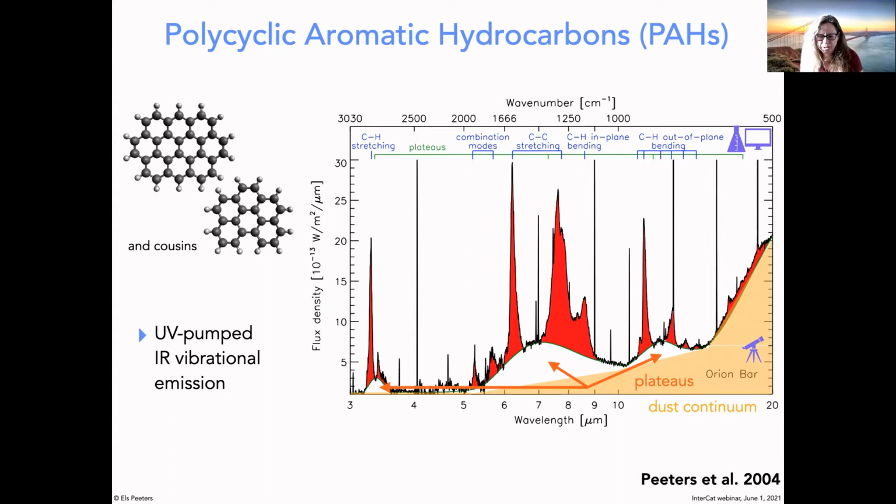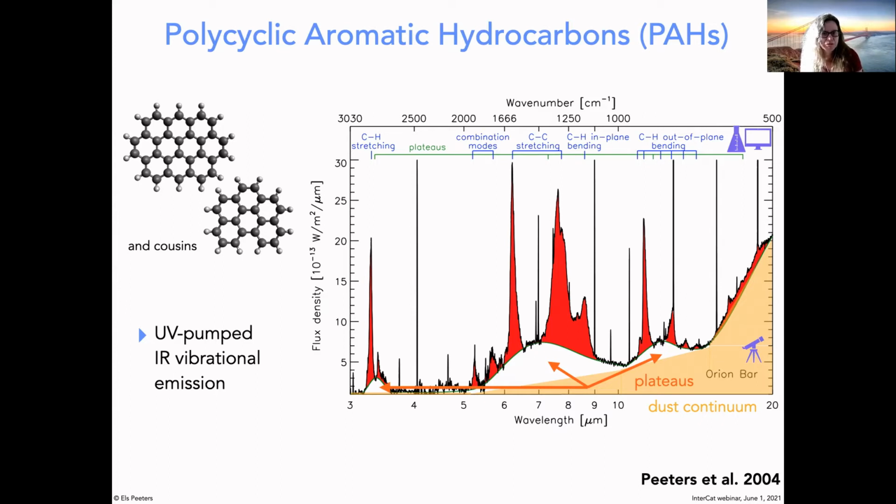On the left, you see some structures of example PAH molecules. So you have a carbon skeleton with hydrogen on the edges. I have to say for the entire talk, we're going to talk about PAHs not in the chemical definition, but rather in the way astronomers use the term PAHs. And so what does that mean?